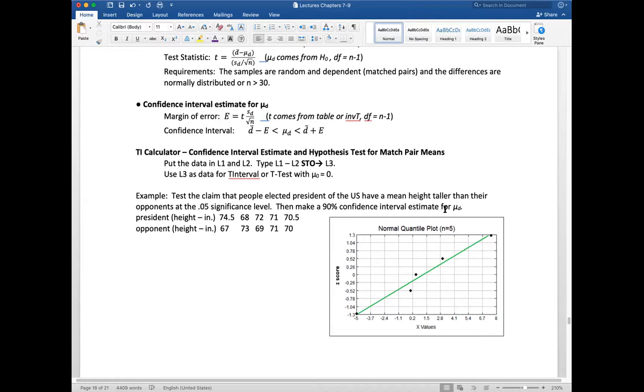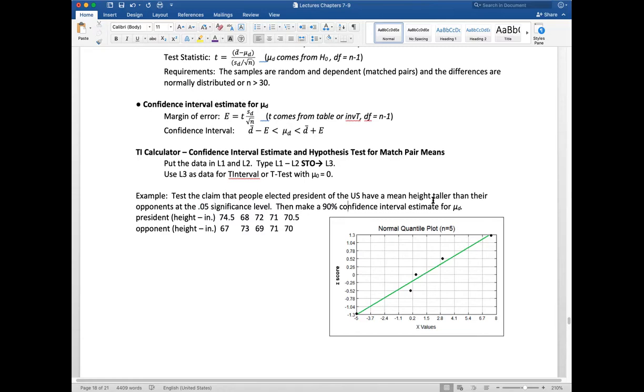Now what you see here is that for the hypothesis testing, the problem says that alpha is 0.05 significance level, but for the confidence interval, they used a confidence level of 90%. Now you see why the confidence level must be 90%: because alpha is 0.05 in the hypothesis testing.